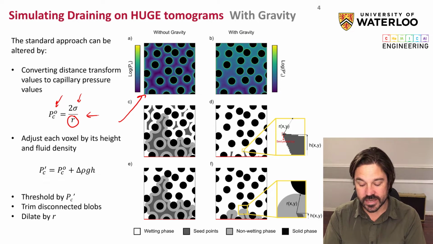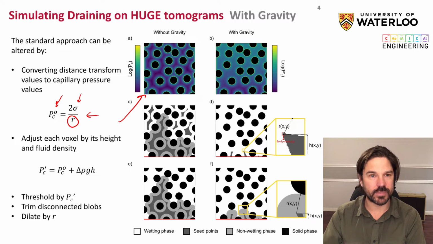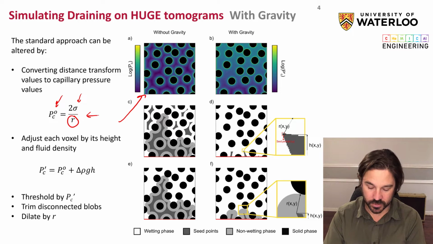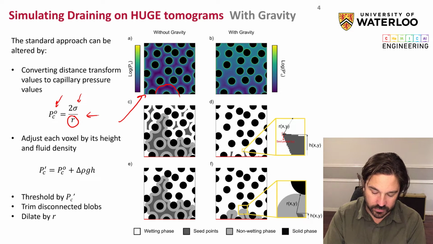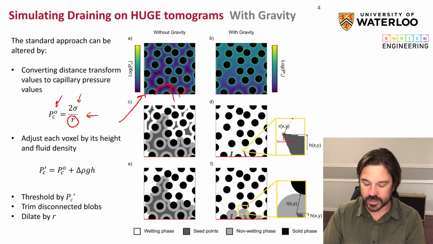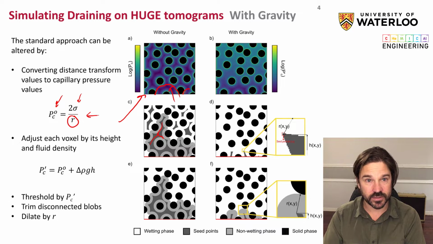So instead of looking for sizes that are a certain size or bigger, you look for a capillary pressure, which is the entry pressure for that region, that is a certain value or lower. So you can say, okay, find me all of the dark purple regions, and then we'll invade into there. And then once you've done that threshold, you end up with the same dark gray seed values or core, the surviving voxels, which you can then dilate to make your fluid blobs.